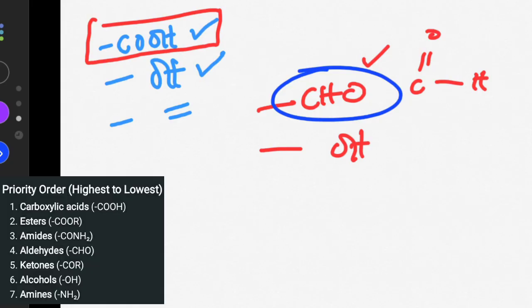That is what I want you to know. And in that regard, I've provided the priority order. The priority order which would guide you once you get to see them occurring in an organic structure to tell you which of the functional group will bear the parent name.